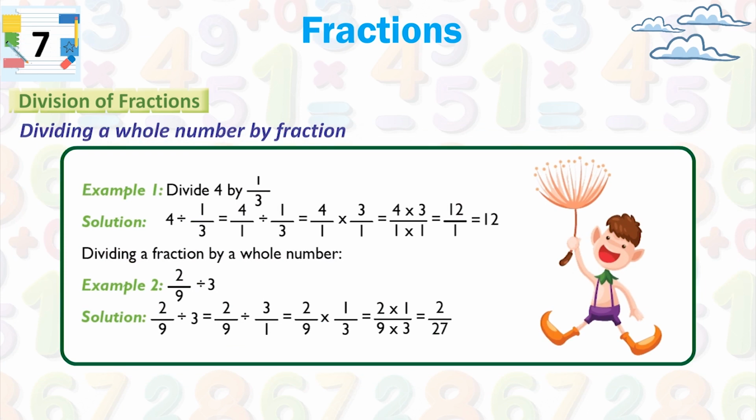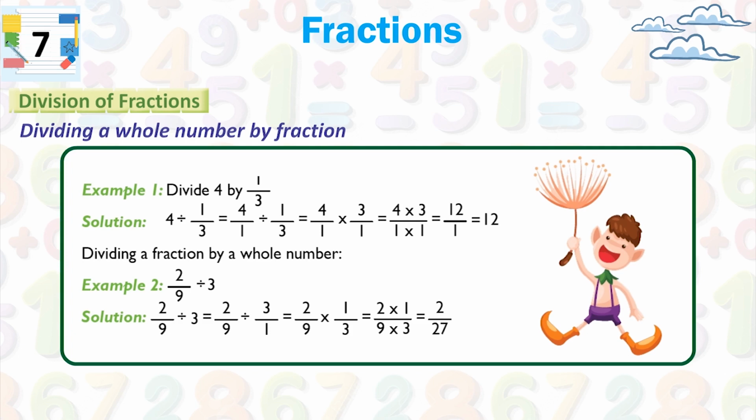Solution. 4 divided by 1/3 is equal to 4/1 divided by 1/3 is equal to 4/1 into 3/1 is equal to (4 into 3)/(1 into 1) is equal to 12/1 is equal to 12. Dividing a fraction by a whole number.